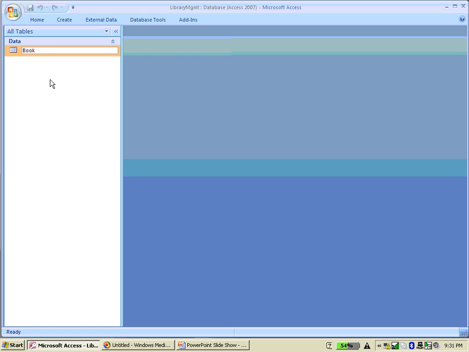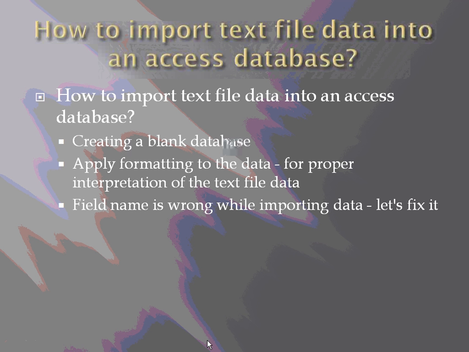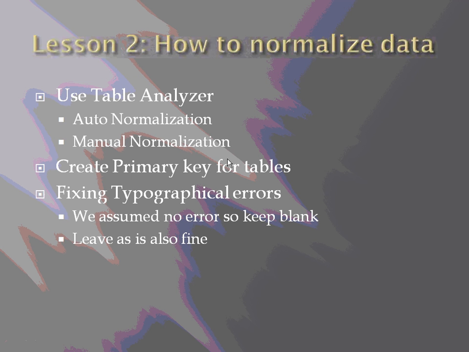Book transactions. You can put any name you want. Okay, let's see. Okay, we worked on the field name wrong. How to fix that we know, and we can apply the formatting and we can create the blank database. Go to the next step.